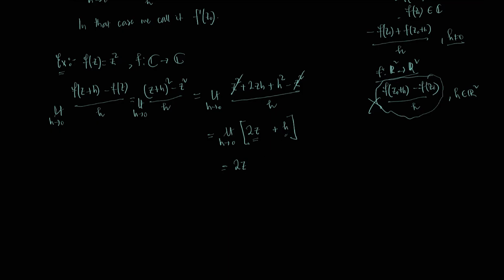So it becomes 2z, which is our usual thing. We already know this is going to happen. Remember, f of z equals z square is essentially like in R to R, f of x equals x square, and you know the derivative is basically 2x. So this is very much expected.